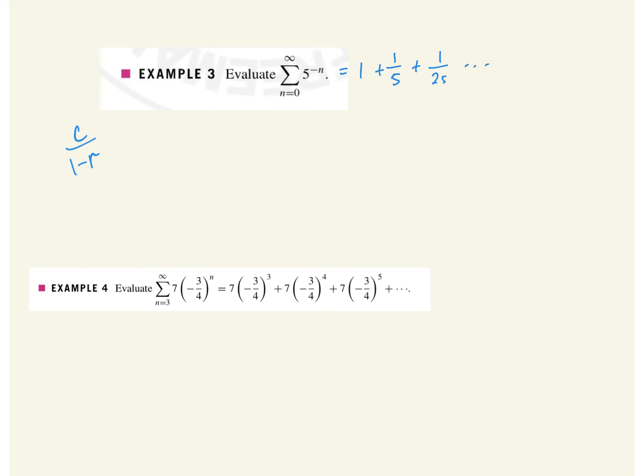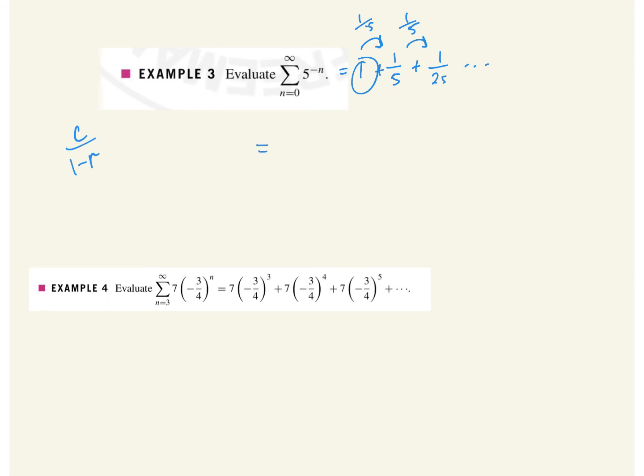I mapped it out in this one just to say, okay, now I can see that to go from one term to the next, I'm multiplying by a fifth. And I'm going to continue to do that same thing as I go to each subsequent term. So there's my common ratio. My constant is just a 1. It began with a 1. I'm not multiplying my numerators by anything at all.